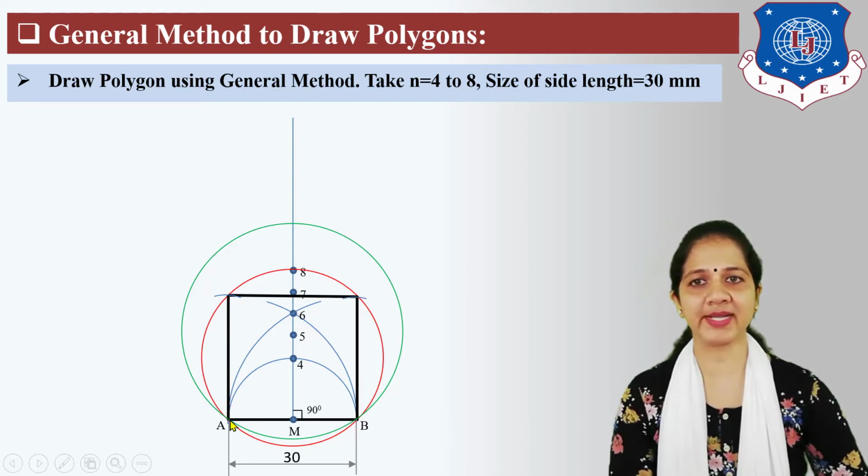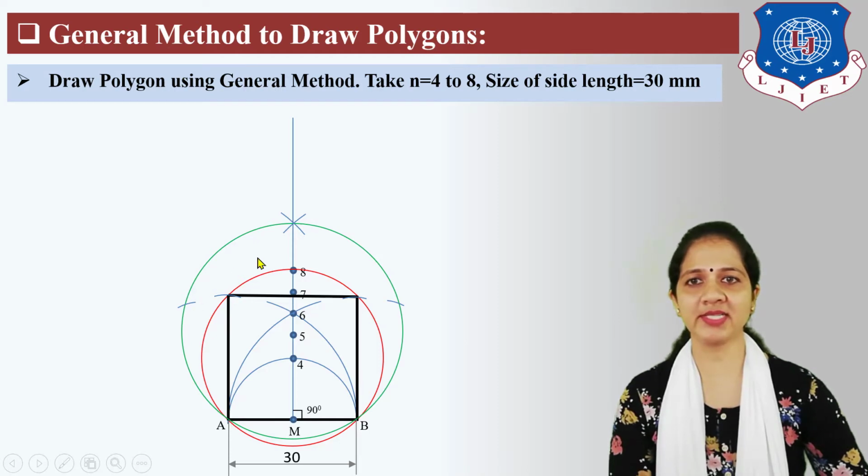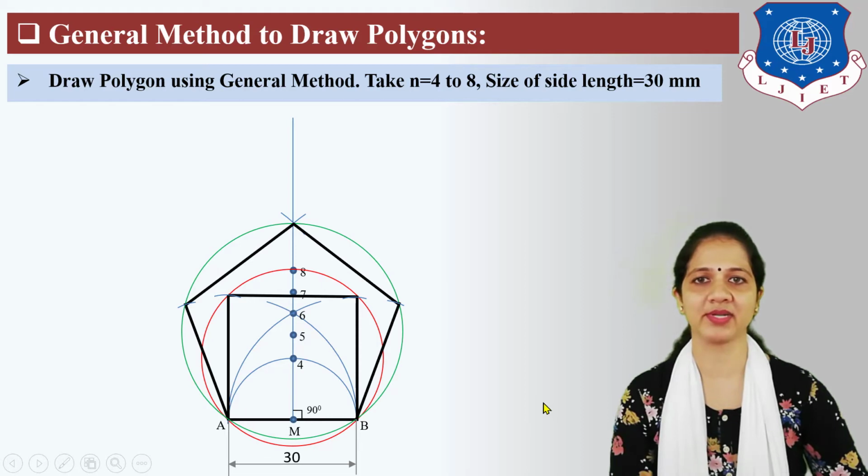For the remaining points of the pentagon, take center A, radius 30 mm and cut one arc on the pentagon circle. Similarly, take center B and cut another arc on the pentagon circle. From these two intersecting points, cut arcs on the pentagon circle. Join all these points in proper sequence and complete the pentagon.